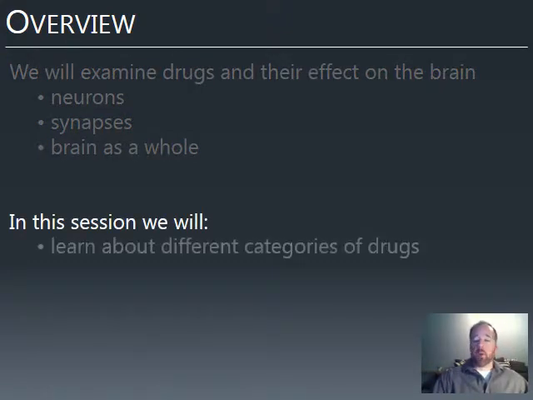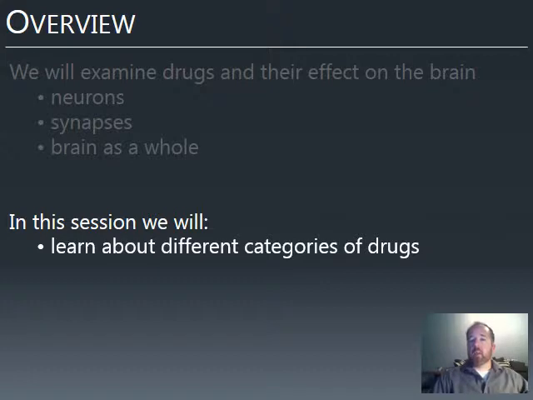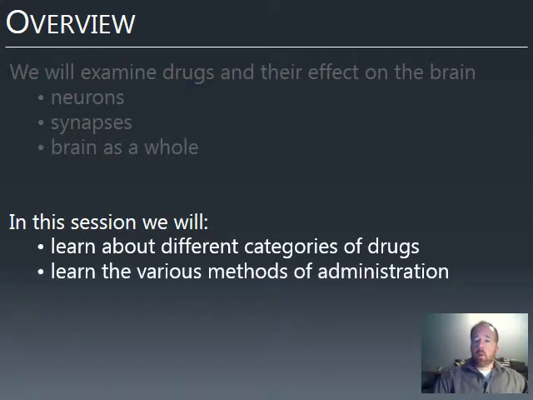So in this session in particular, what we're going to do is start talking about categories of drugs. This is going to frame sort of the rest of the course. The next couple of weeks, we'll talk about things like drug regulation, drug policy, and after that, we'll start talking about individual drugs. So this is sort of framing that setup. We'll learn about the various methods of administration, routes of administration.